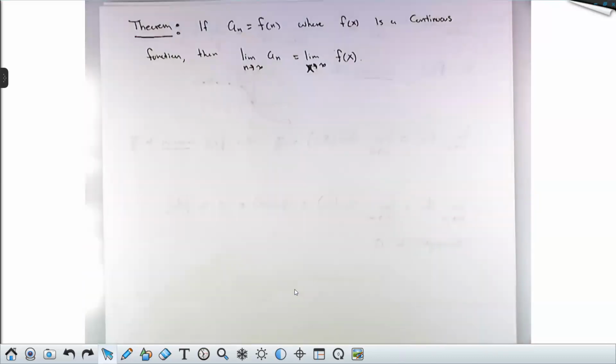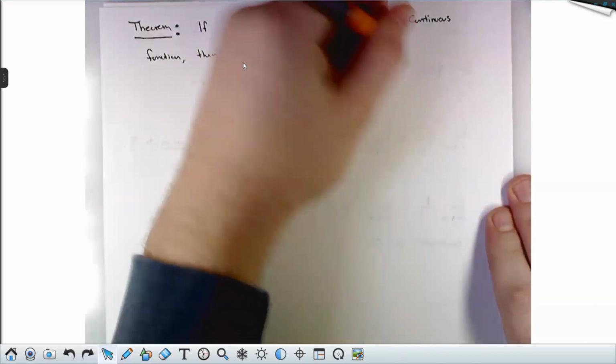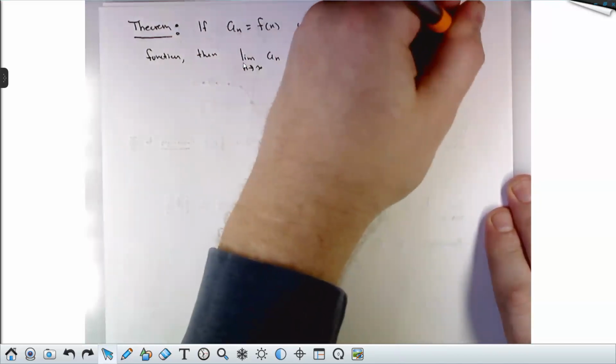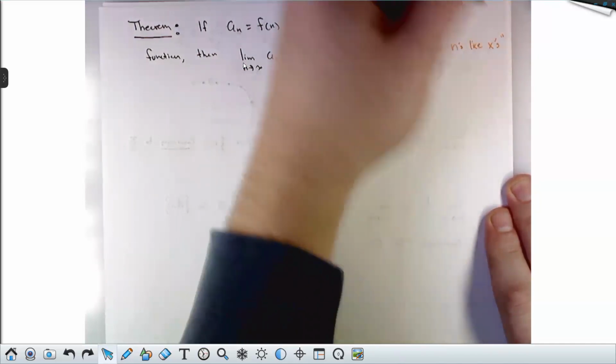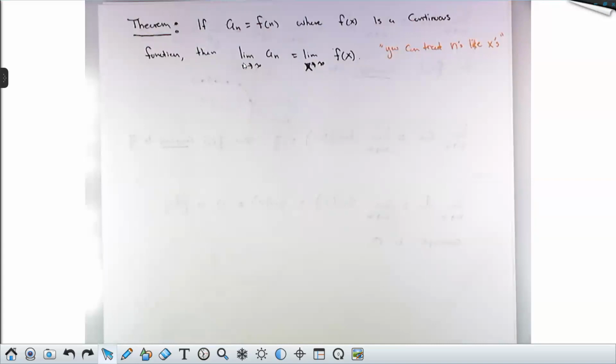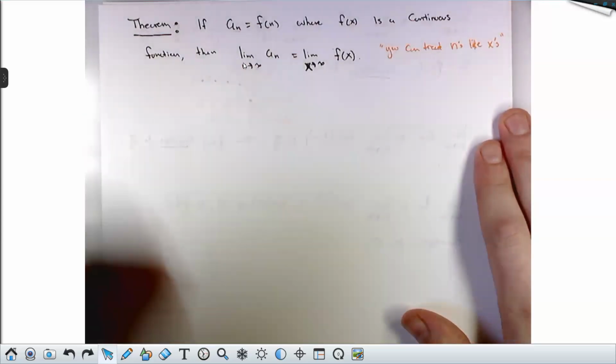So this says you can do the stuff from Calc 1. This says you can treat the n's like x's. That's all. You can use all the stuff from Calc 1. We've been using this implicitly. There's nothing magic here.